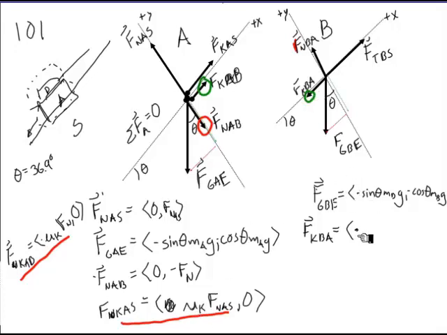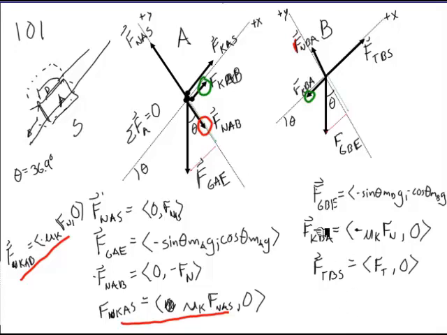But this one points in the negative direction, so it will have a negative, sorry. So mu_k F_N, F_T B S, F_T. And if this is incredibly tedious and boring to you, just go ahead and run ahead in the problem yourself and I'll catch up.